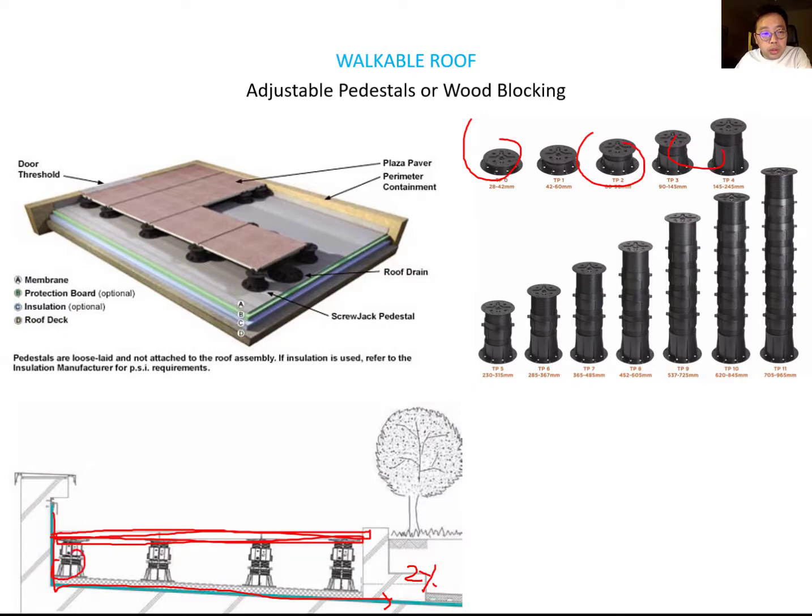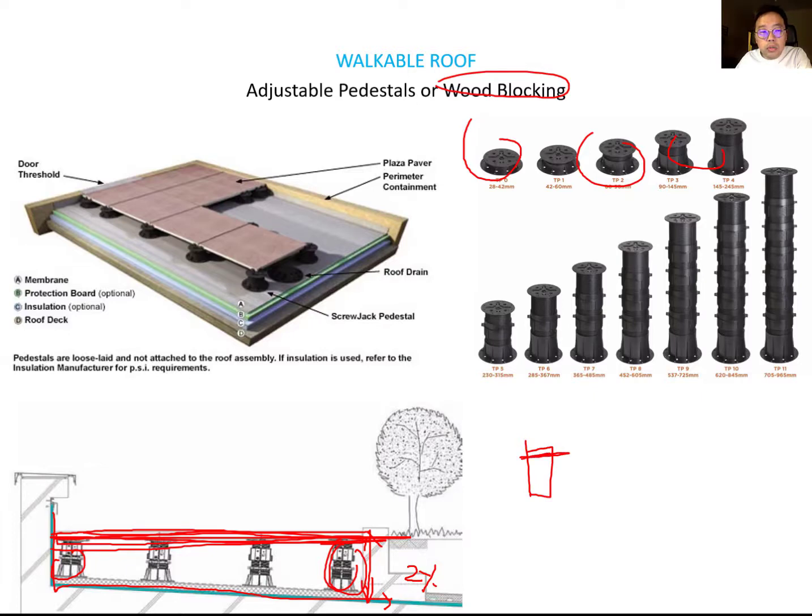So from here and here, this location requires more height. So from this region, you can just have a different combination to set the same height from the slope. Then you can make the flat roof here. Also you can use wood blocking, which means this wood is kind of easy to shape.